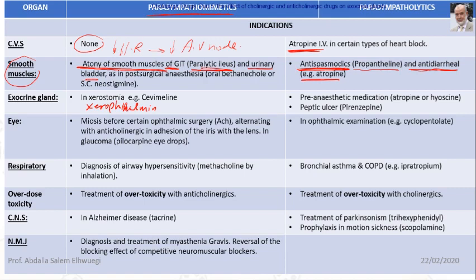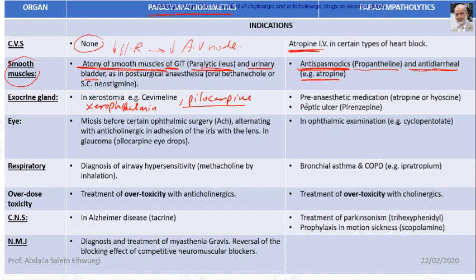And in this case we used cevimeline or pilocarpine. Both of them are used orally in treatment of Sjogren's syndrome.